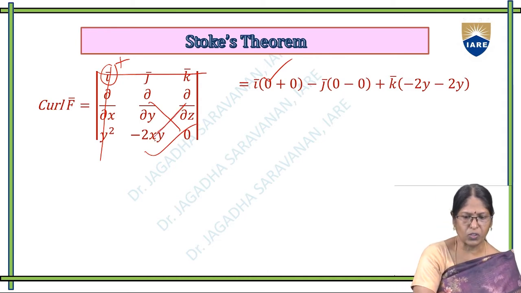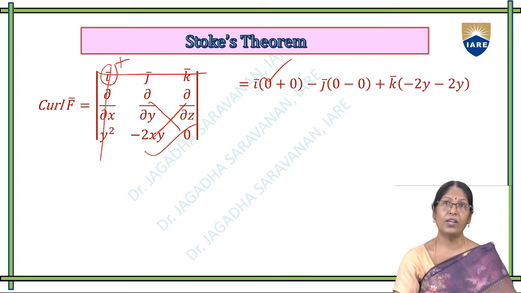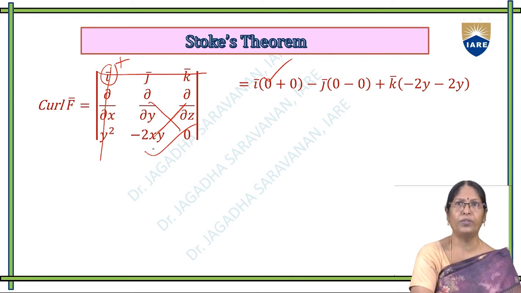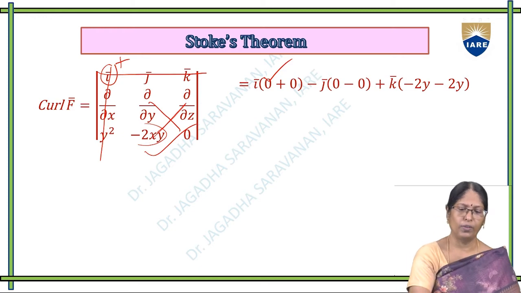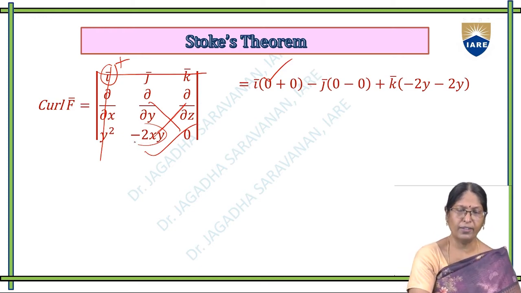Here, del represents partial differentiation. So del by del z: we have to differentiate with respect to z partially, but unfortunately there is no z term, so here it is 0. But here a minus is there.